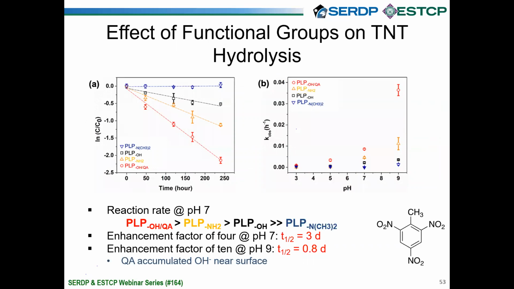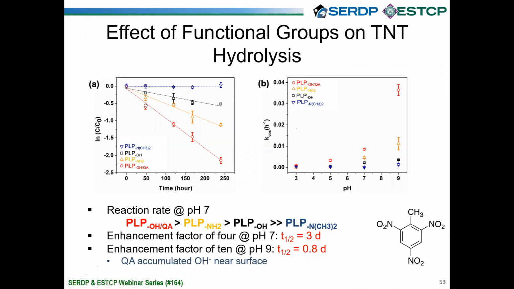So we first monitored TNT decay rates in the presence of the 4 synthesized PLPs with different functional groups at pH 7. No TNT decay was observed at pH 7 without PLPs. By contrast, the addition of the 4 PLPs accelerated TNT decay to different extents.